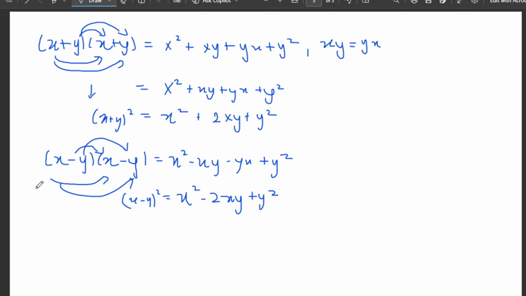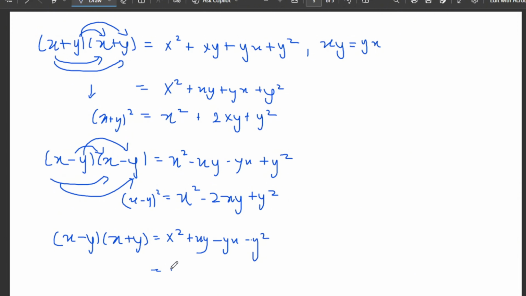How about we have the difference, x minus y times x plus y. What will we have? So x times x will be x squared, x times positive y, xy, negative y times positive x, so negative yx, negative y times positive y, negative y squared.